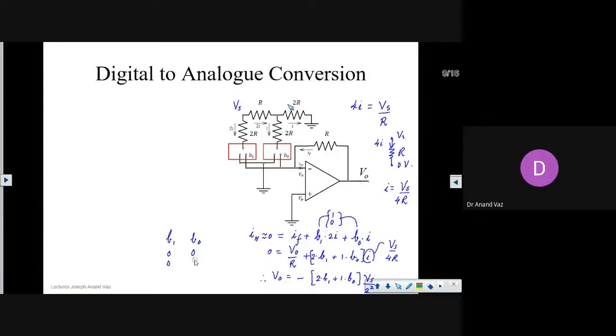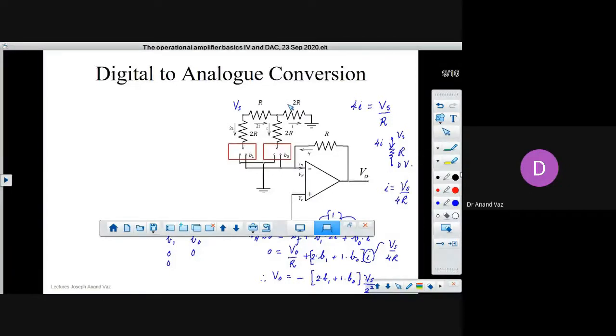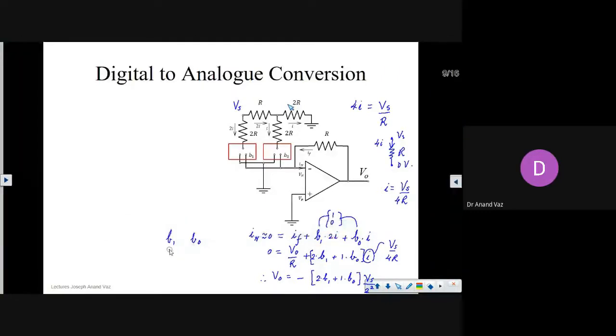Let us write it in the reverse order rather, just for a change. Deliberately I have written it like this.